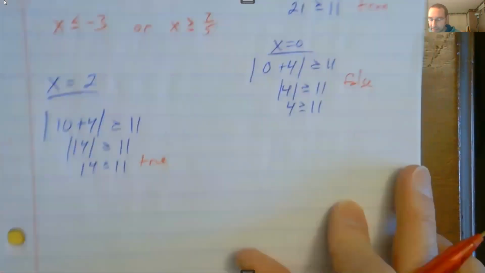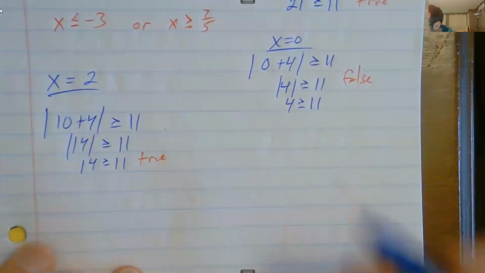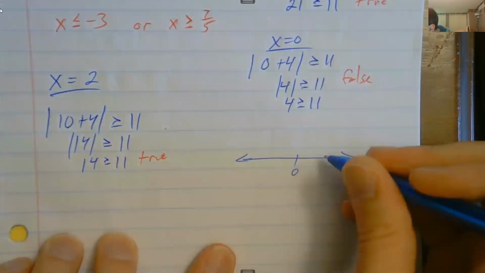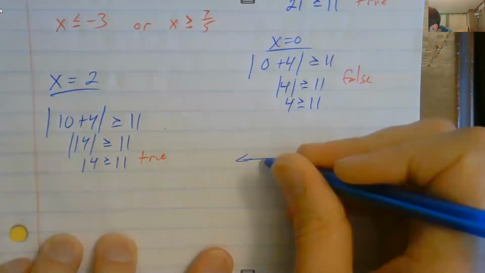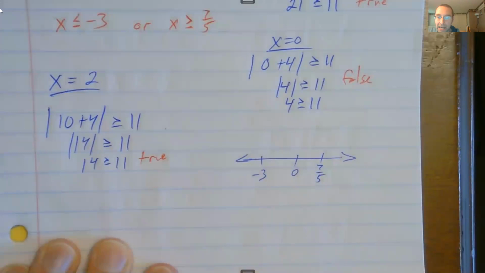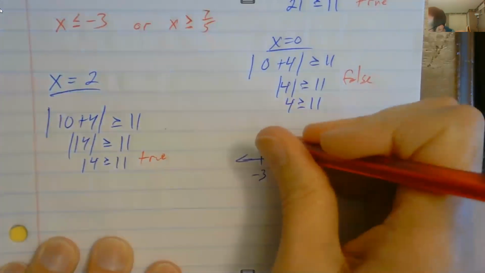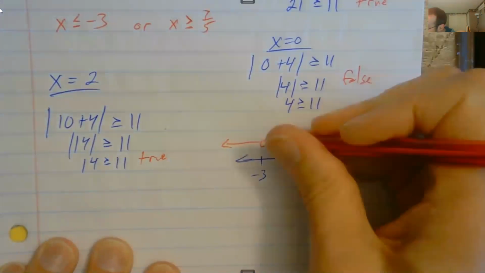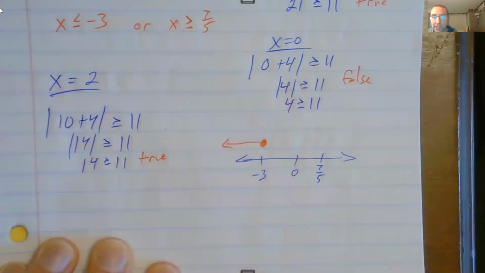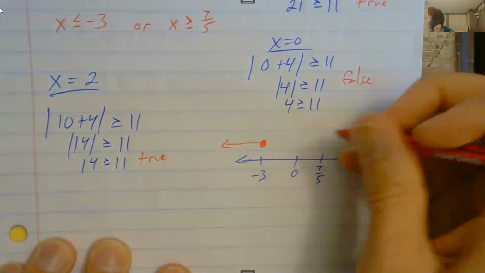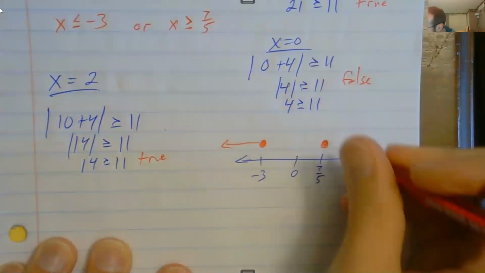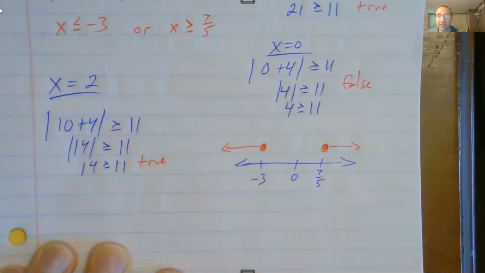So one last number line here, what our solution would look like on the number line. Here is my 7/5, here is my -3, and I had any value to the left of -3, and since I was including -3, I will use a closed circle, a filled-in circle, and over here at 7/5, I'm going to use a closed circle, a filled-in circle at 7/5, and anything to the right.